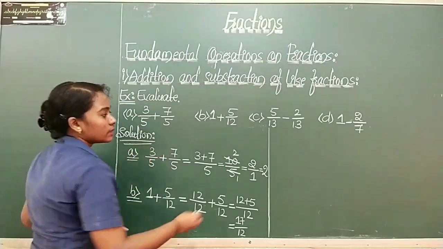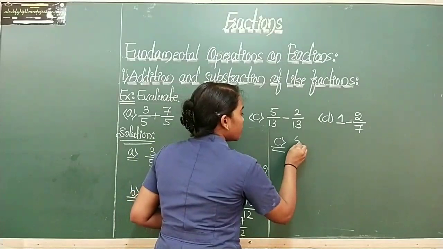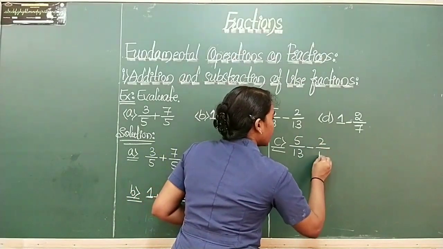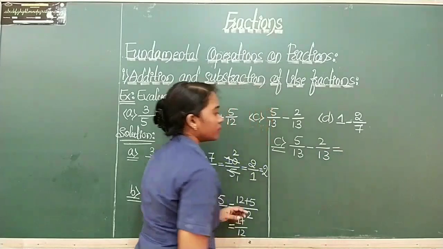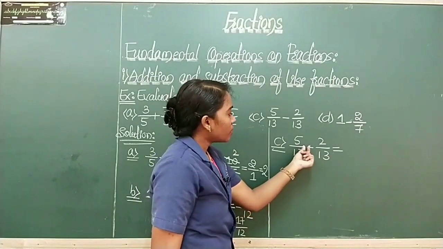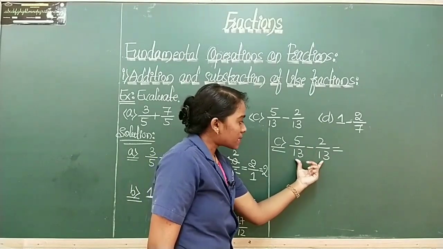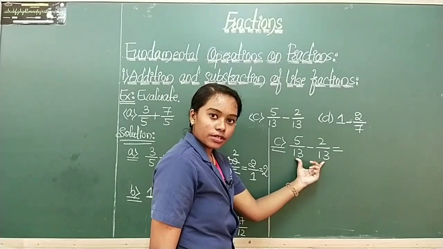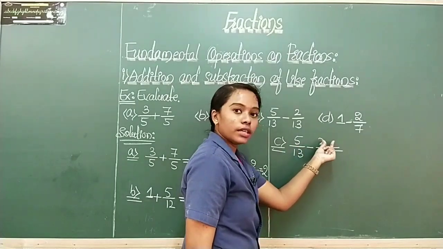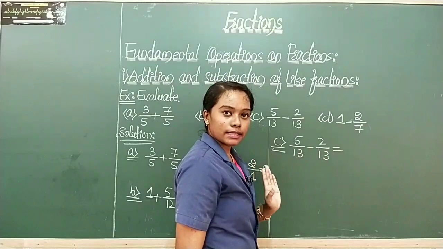Now solve the third problem. Here, which is 5 by 13 minus 2 by 13, which is equal to. They are like fractions which we have to subtract. To subtract these like fractions, you just have to subtract the numerators and keep the denominator as it is.